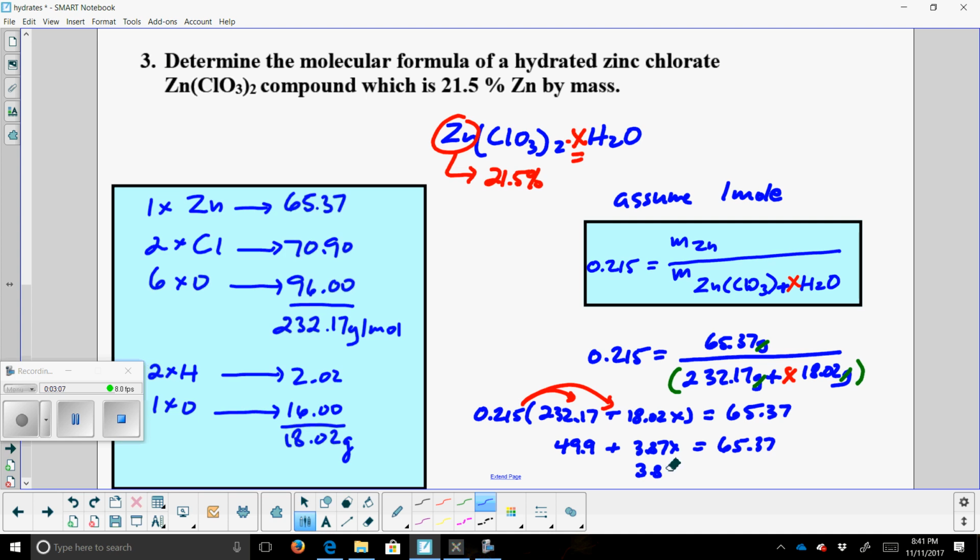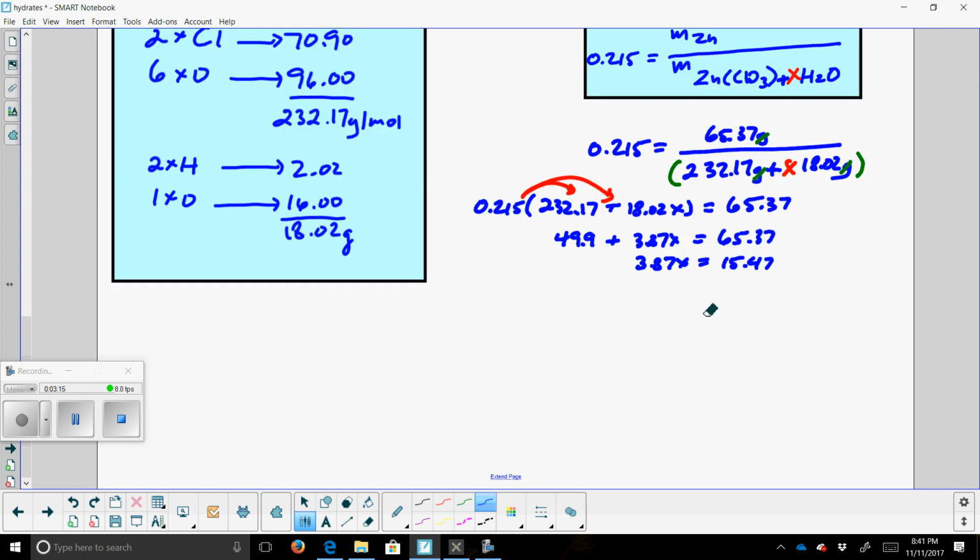So 3.87x is equal to 15.47. And now we can divide both sides by 3.87, like this. And we end up with x being equal to 4.00. So what we now know is that the number of water molecules is going to be 4.